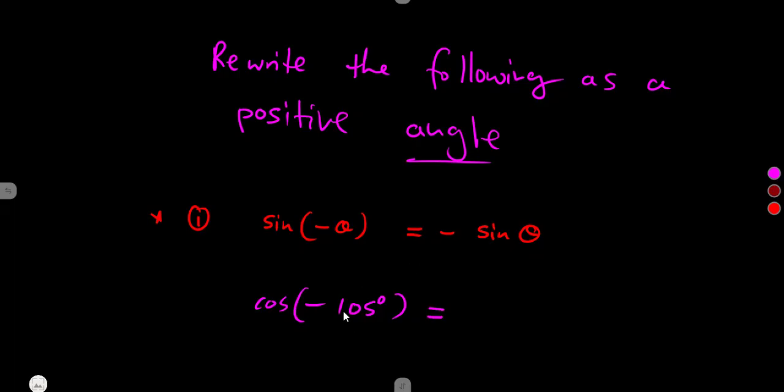Where does minus 105 lie? If we consider this a negative angle, it is going this way. So it actually lies in the third quadrant. So this is minus 105. And we understand that, guys, in this quadrant it is tan that is positive, so cos is negative.